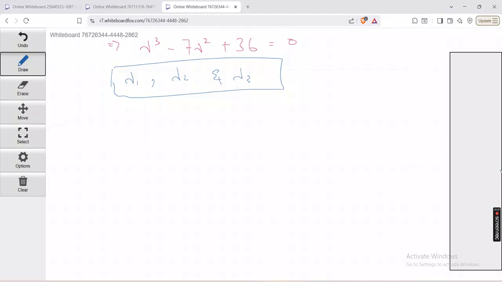So what we can do, here we have to find one factor. Keep in mind, we have to find one factor which, once you put it in this equation, you can get the value 0.